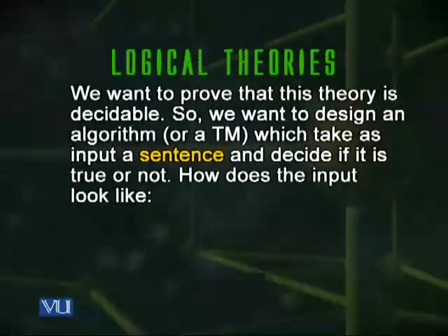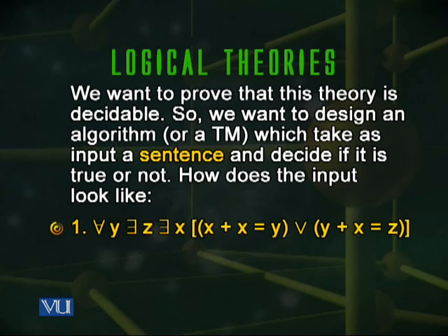We want to prove that this theory is decidable. So we want to design an algorithm or a Turing machine which takes as input a sentence and decides if it is true or not. What does the input look like? Well, the input would look like for all y, there exists a z, there exists an x, such that x plus x equals y or y plus x equals z.